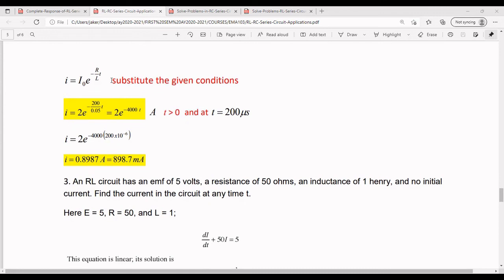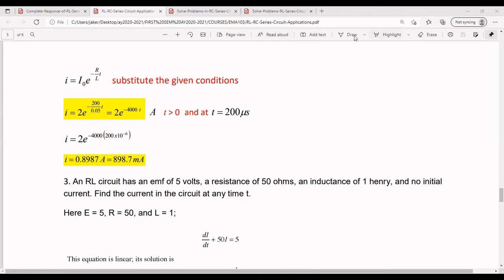So we have now substituted the values here and we substituted it in here. This 200 class is 200 for the time, microseconds. So when you speak of micro, that's times 10 raised to negative 6. So you have to write 200 times 10 raised to negative 6 seconds.